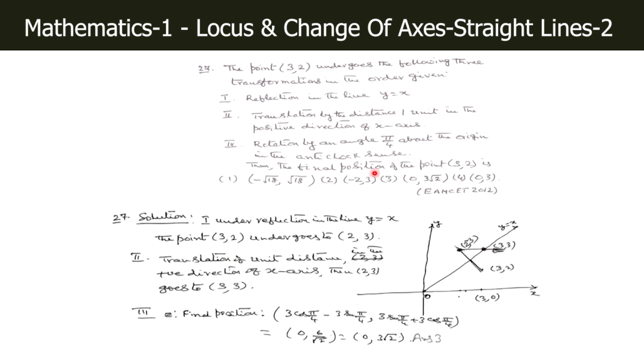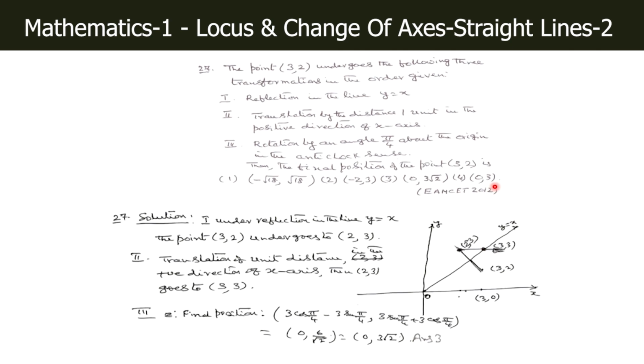Then the final position of the point (3,2) is: option 1, minus root 18; option 2, 18 root 18; and so on. Of course, this question was asked in EAPCET 2012.